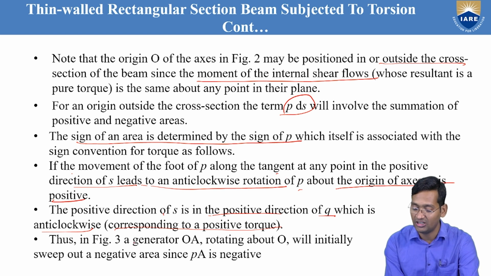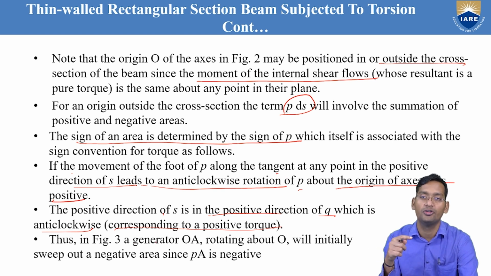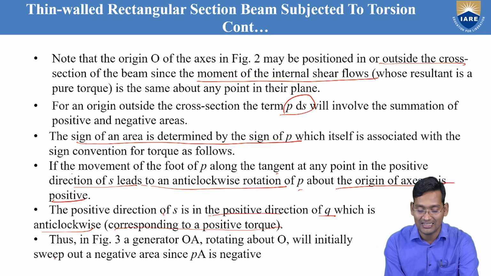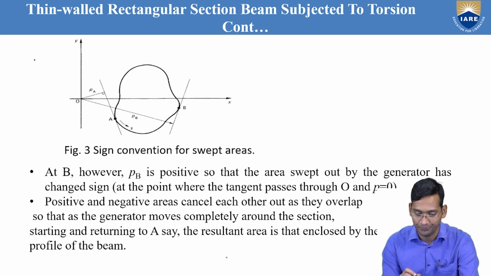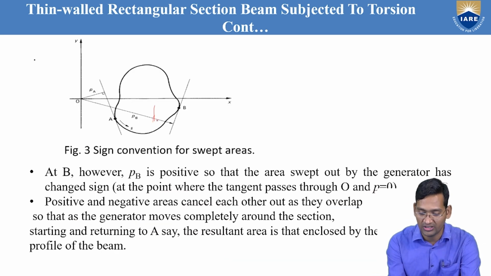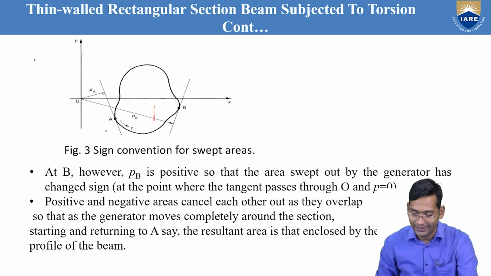Thus, in figure 3, a generator OA, generator here means through which we can draw any circle or generate anything, rotating about O, will initially sweep out a negative area since pA is negative. So just in figure 3, right here, below this axis also there is this p_B. So once this moves, this will provide what? Negative area. Or just here, OP, if this goes in this direction, then it will give a negative area.